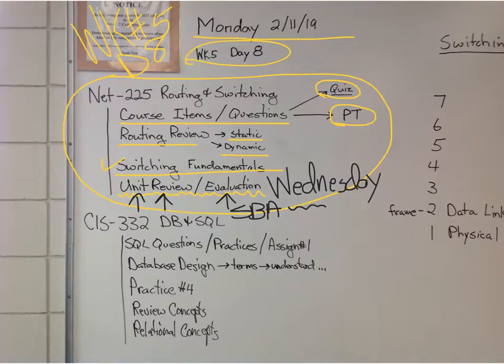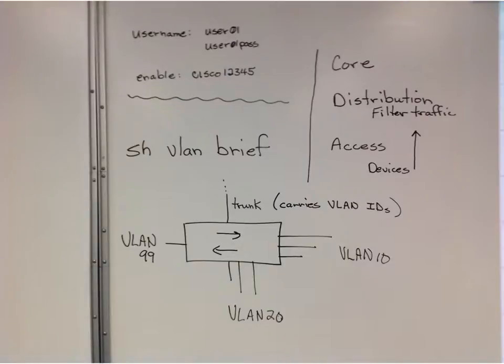Got a little catching up to do. So, frames, data link layer, physical layer, switching. We talked a lot about switching today. Most of the work was right on the switches.